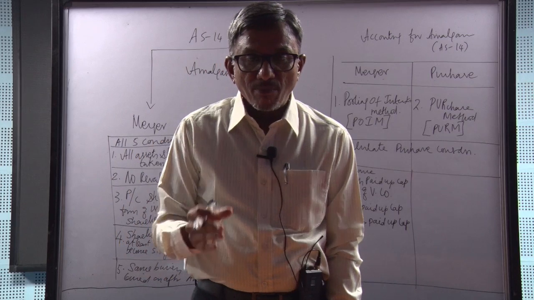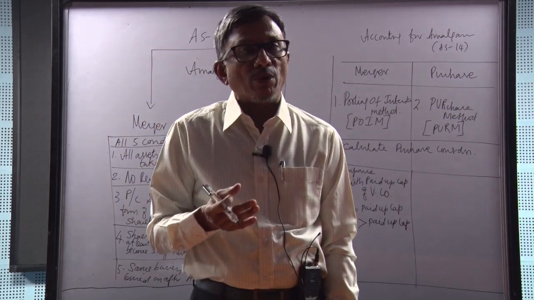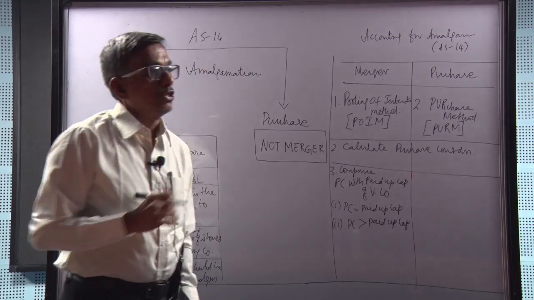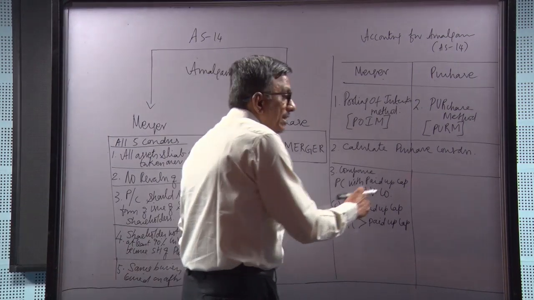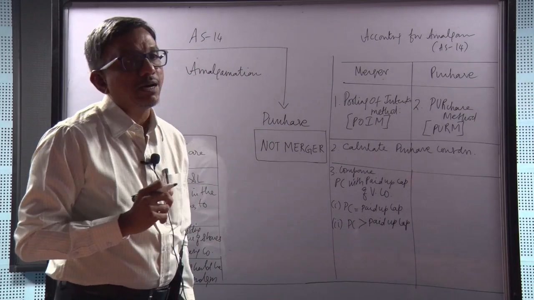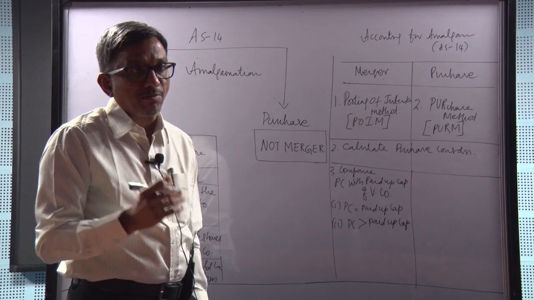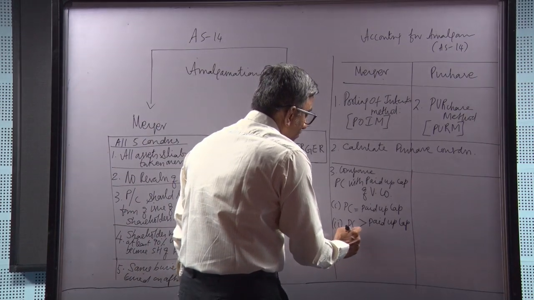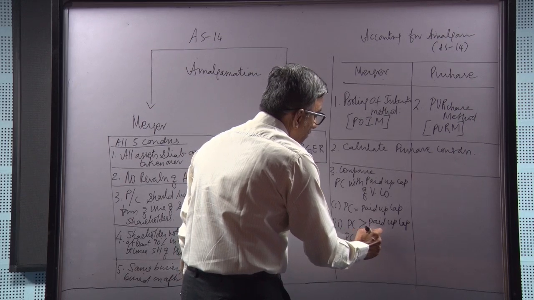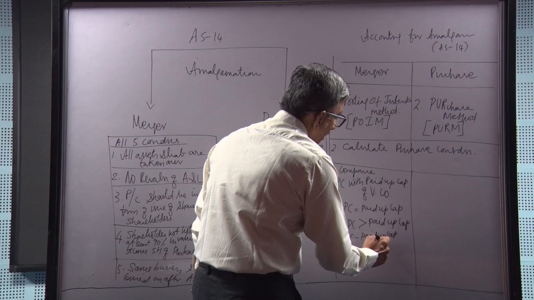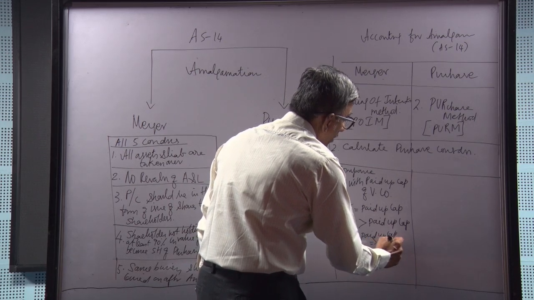You are giving them more money, thereby your reserves get reduced because of that. So what you should do, if the consideration is more than the paid up capital, the excess should be adjusted in reserves by decreasing the reserves. So calculate purchase consideration minus paid up capital, that will be decrease in reserves.